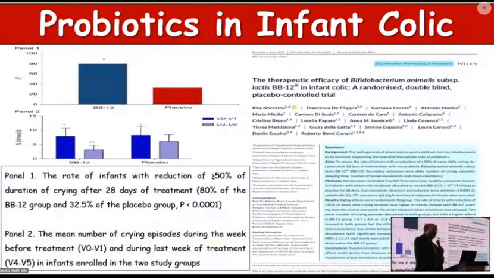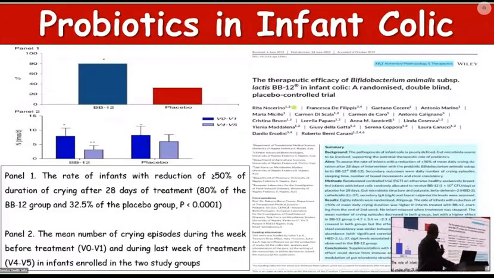We have some studies about Bifidobacterium animalis subspecies lactis BB12 in infant colic. This study was done in 2020. They gave babies who have infant colic BB12 versus placebo.